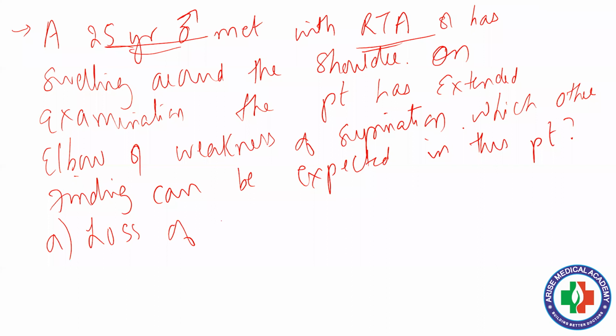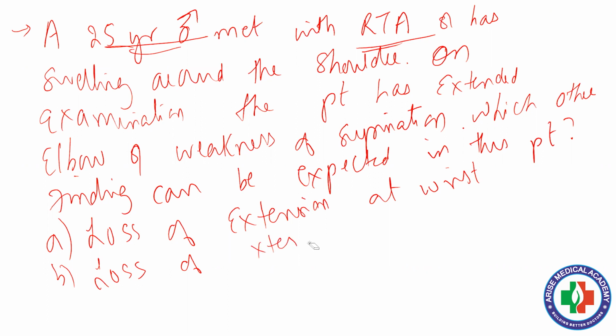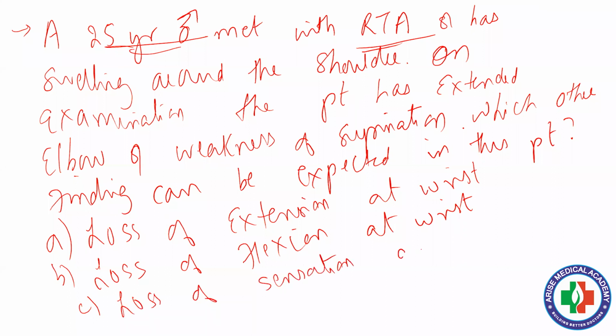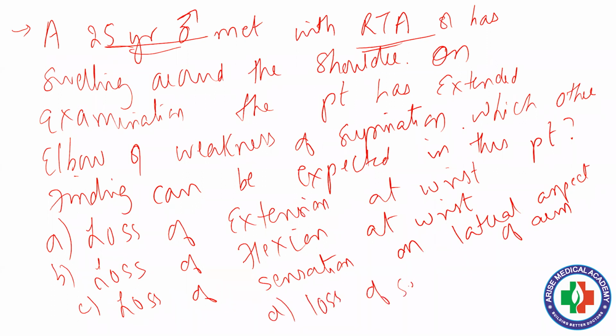Loss of extension at wrist, loss of extension, not extension, loss of flexion at wrist, loss of sensation on lateral aspect of arm, or loss of sensation on lateral aspect of forearm. What do you think will be the correct answer here? What do you think is the correct answer?